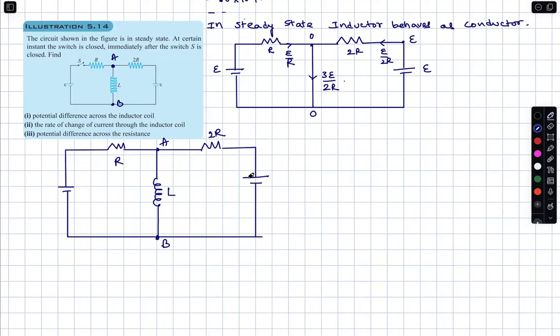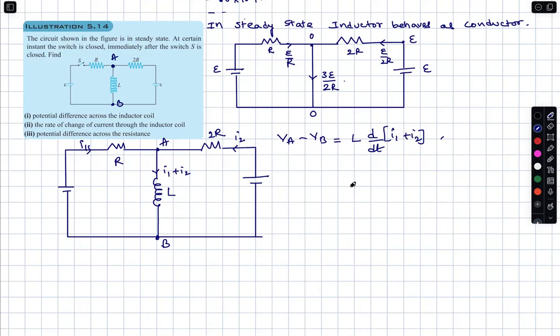I am assuming that the current through this is I1 and the current through this is I2. At an instant, current through this is I1 plus I2. What is the potential drop across AB? The potential drop across AB is nothing but L d by dt of I1 plus I2.